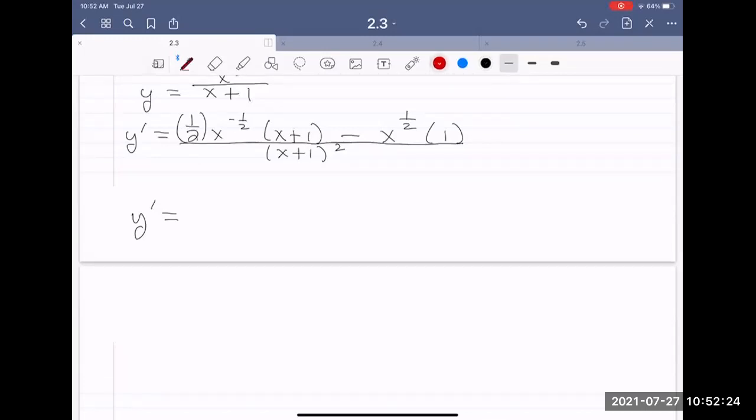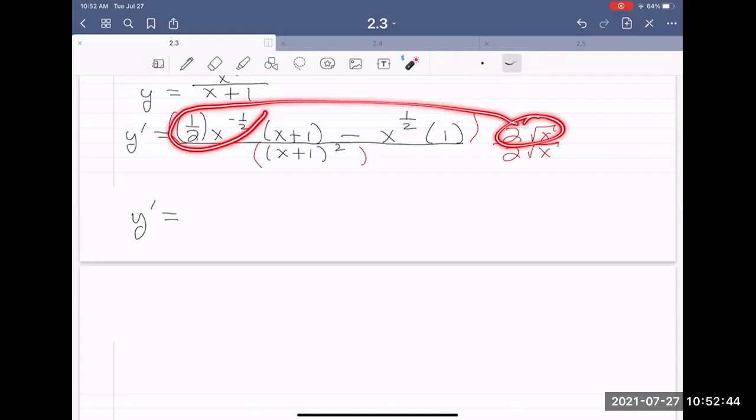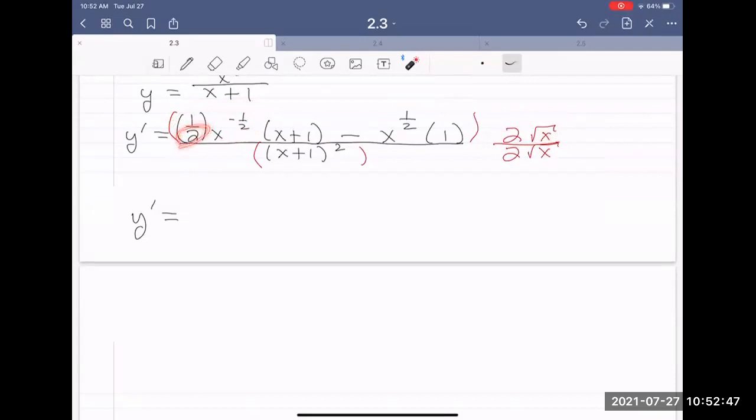I don't like a fraction. So actually, let me multiply and divide by 2 rad x. So the 2 and the rad x's are going to cancel because this is divided by 2, so that cancels. This is divided by x to the 1/2, so the square root of x's cancel. So all that remains is x plus 1 in the numerator.